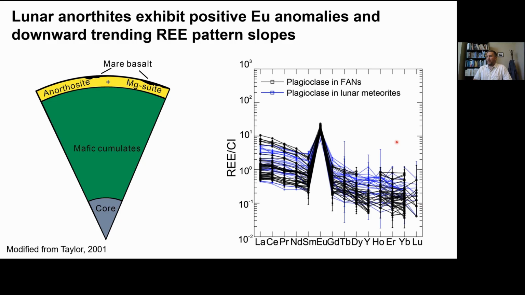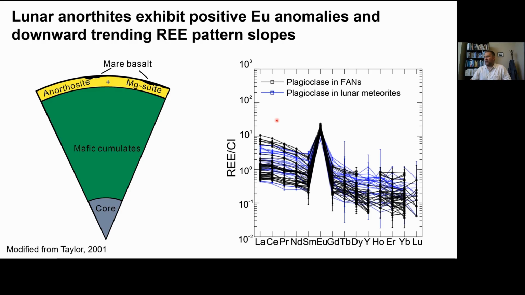So these are characteristic patterns exhibited by ferroan anorthosites and lunar meteorites as well. And these might come from different places on the moon. The ferroan anorthosites were all returned from the near side. Those lunar meteorites sample presumably the entire moon, so more representative of perhaps the far side.